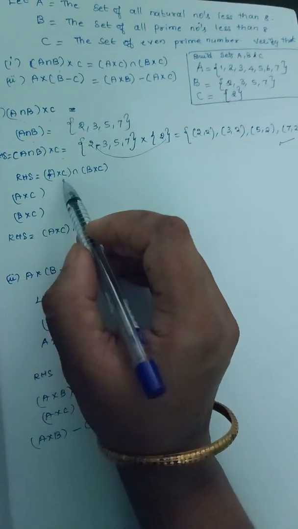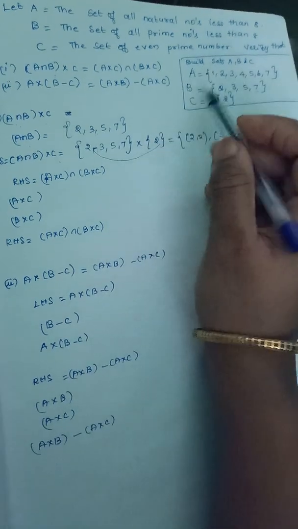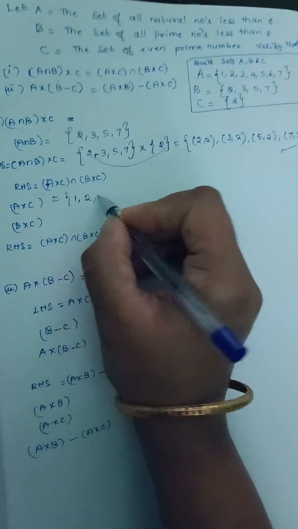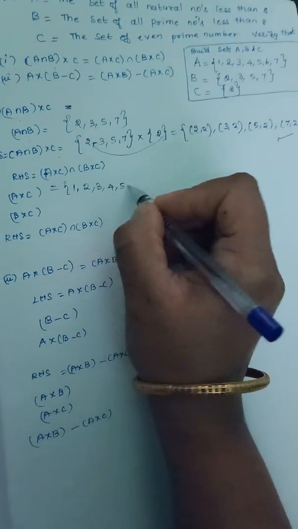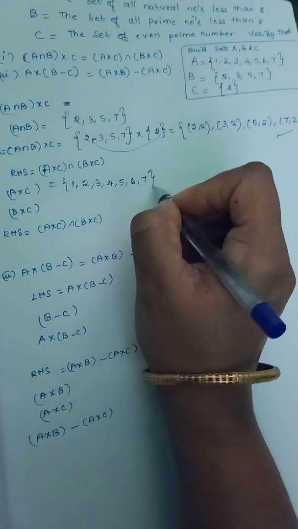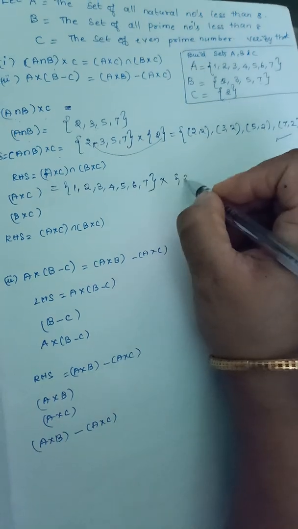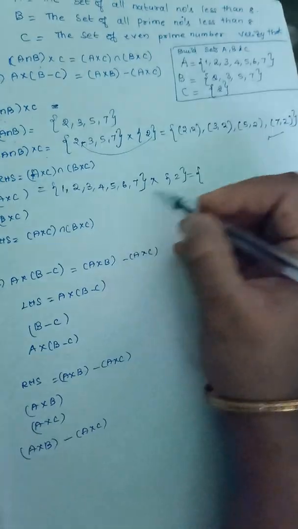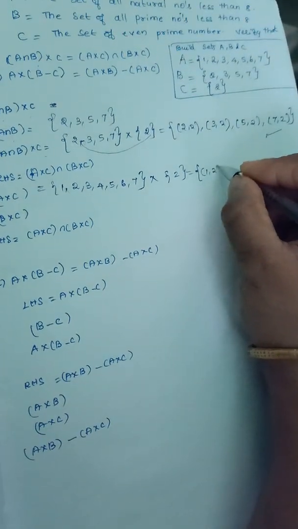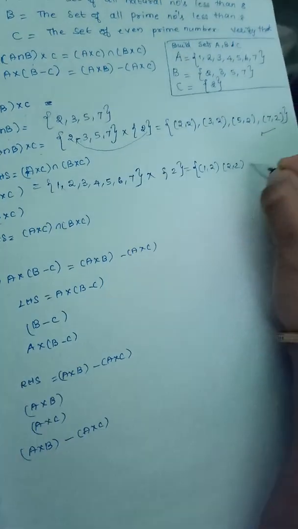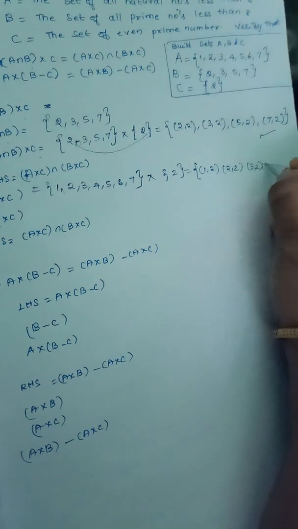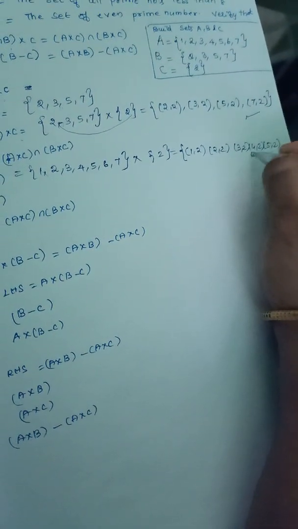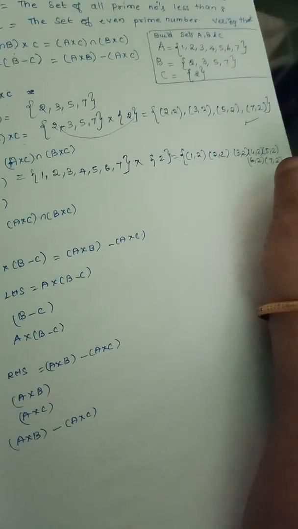Next, RHS is (A cross C) intersection (B cross C). So A cross C. A is 1, 2, 3, 4, 5, 6, 7, cross C, only 2. So what will come? Easily write 1 with 2, 2 with 2. So (1, 2), (2, 2), (3, 2), (4, 2), (5, 2), (6, 2), next (7, 2).